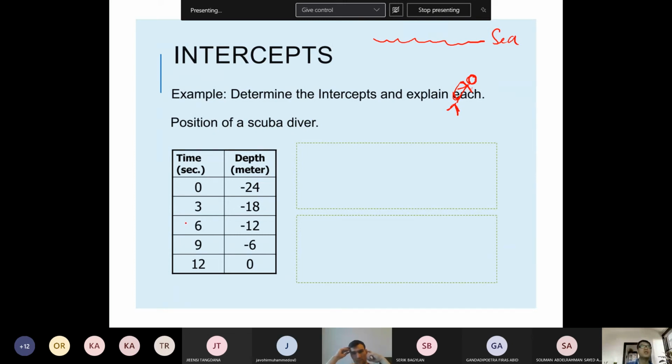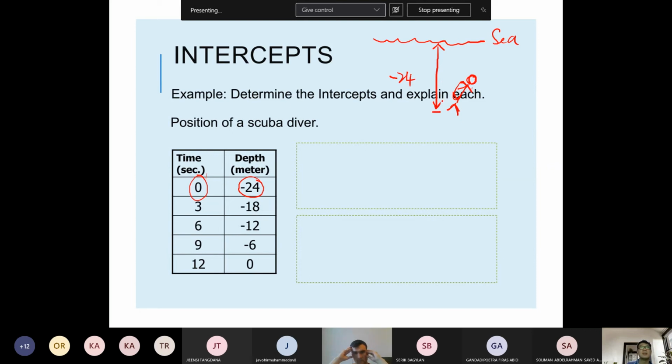Now we have a table here. This table tells us the time and the position of the scuba diver. For example, when the time is 0 seconds, what is the position? Negative 24. What does that mean? It means that it is 24 meters under the sea level, under the water.